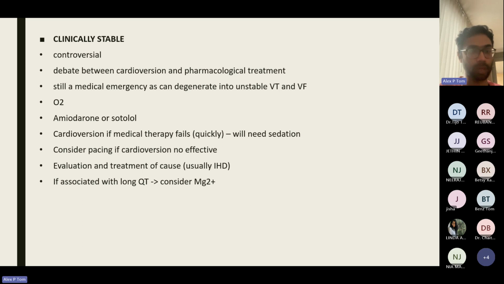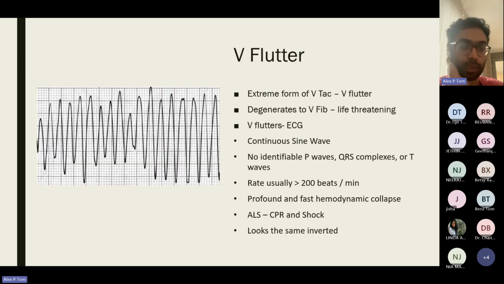Then we have ventricular flutter. So that's how a ventricular flutter would look like. When a patient is in VT, the patient can easily degenerate into ventricular flutter and then into a VFib. So ventricular flutter is a transient state, mostly happening between a VT and a VFib, and it would be something like this.